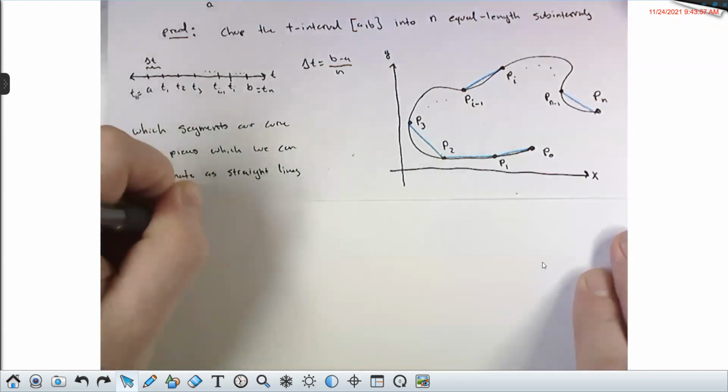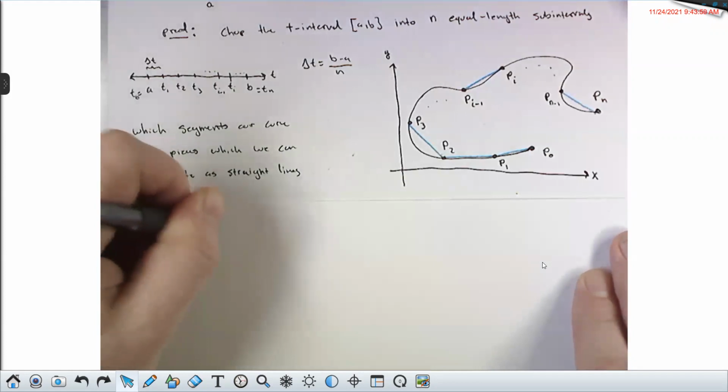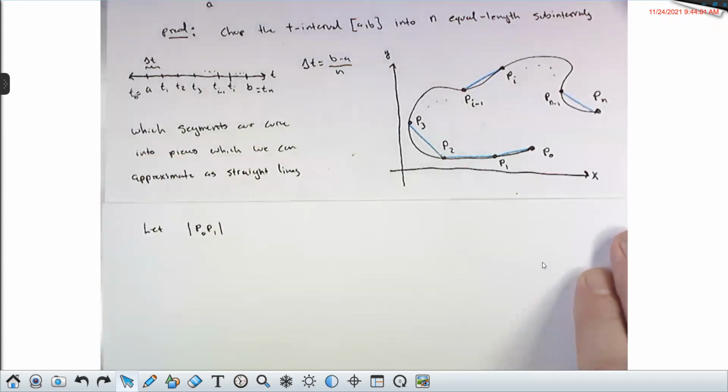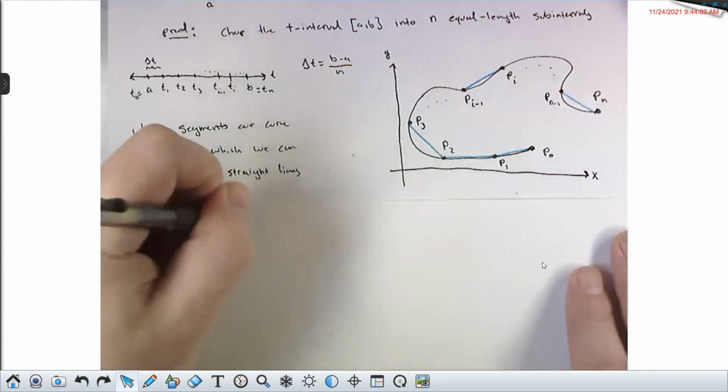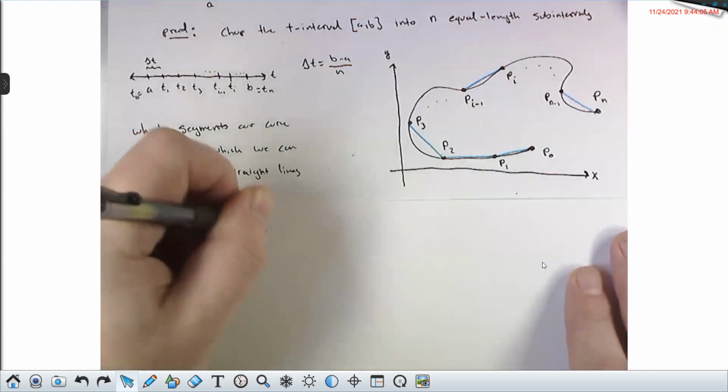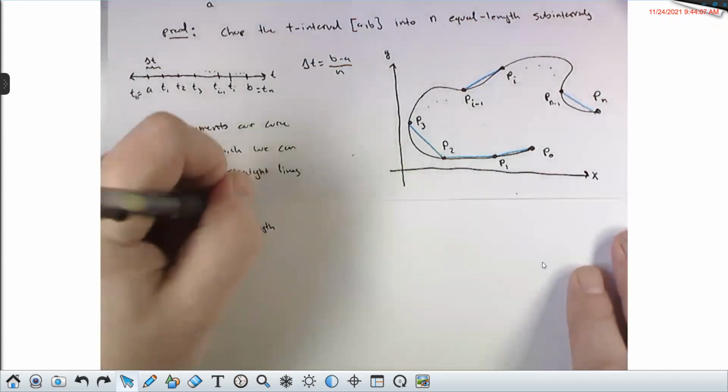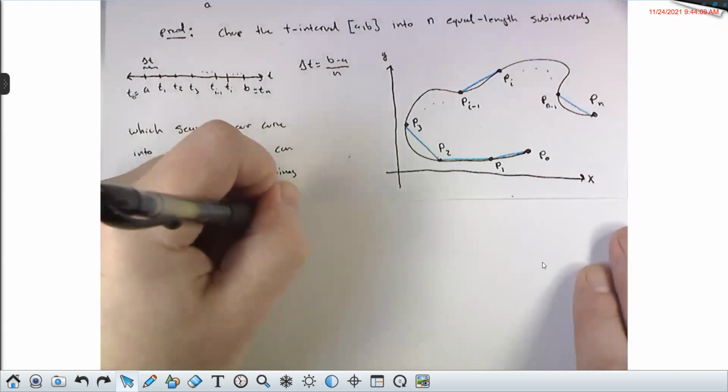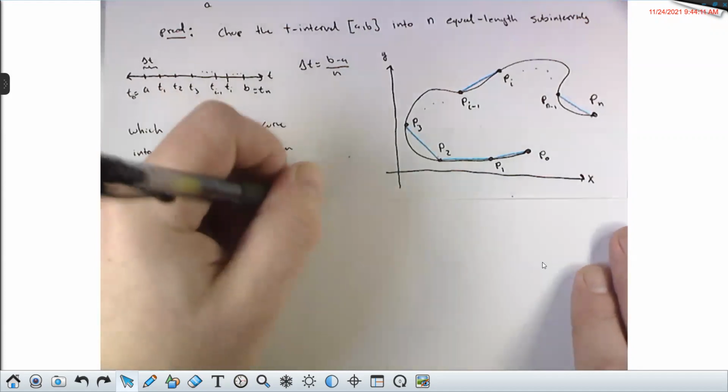Let this denote the straight line length from P0 to P1.